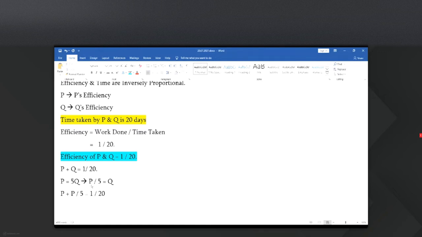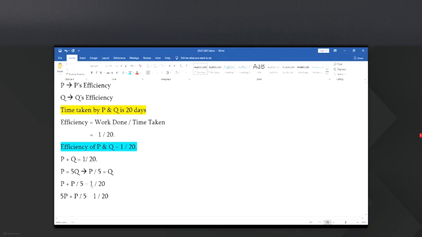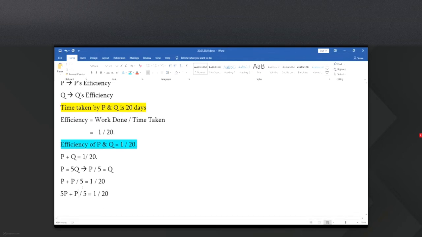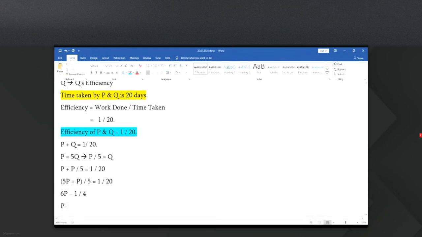Now you take the LCM. You will get 5P plus P divided by 5 is equal to 1 by 20. This 5 goes there, so you will get 6P is equal to 1 by 4, and therefore P would be equal to 1 divided by 24.